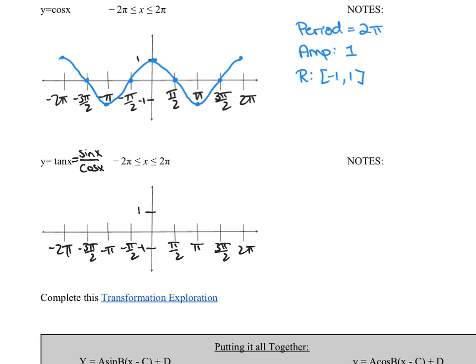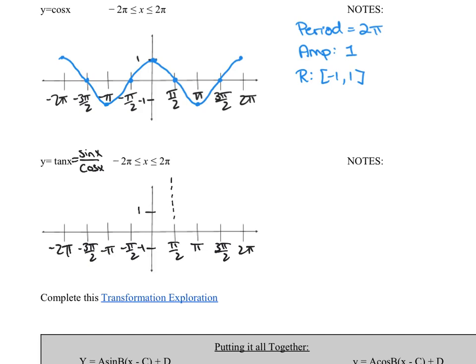And now we're going to look. So since tangent is the sine of x over the cosine of x, we know that anywhere that cosine is 0, we'll be dividing by 0, and tangent of x will be undefined.